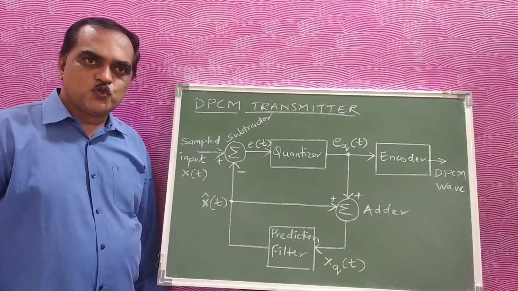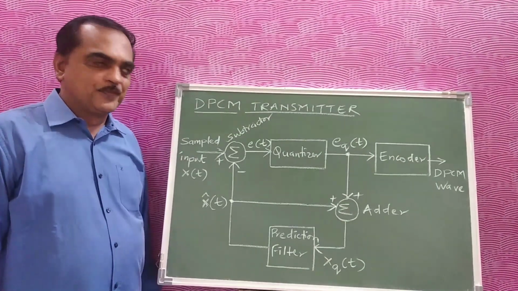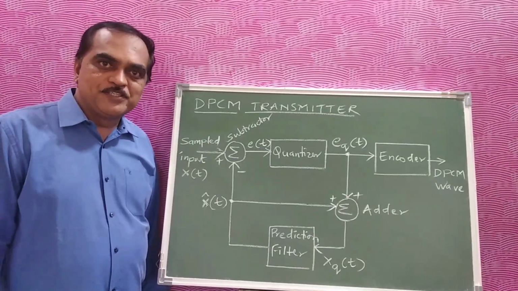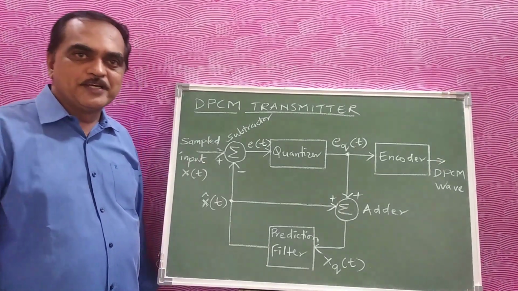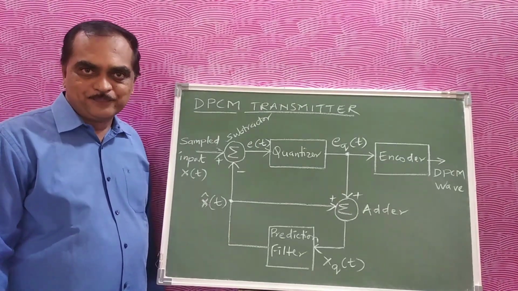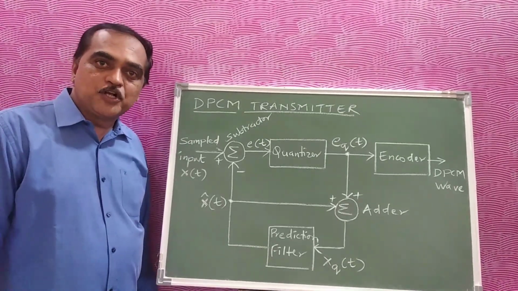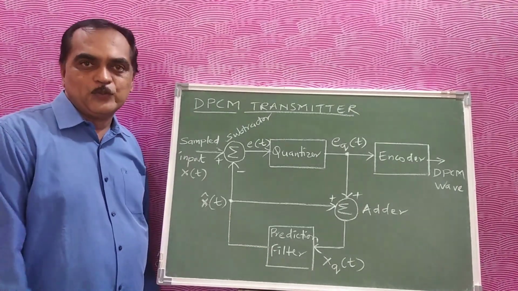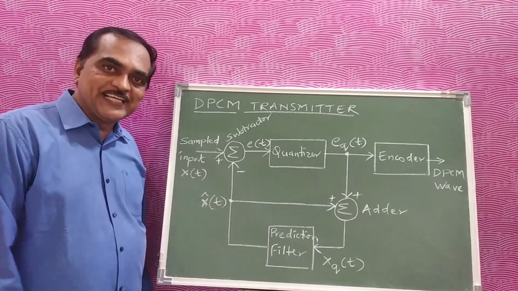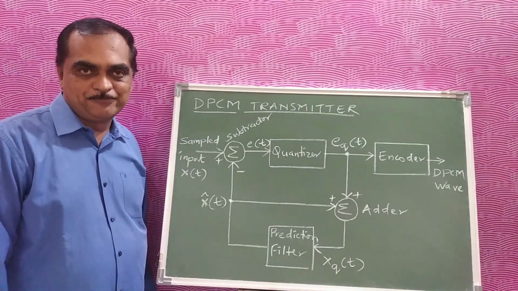Dear students, today we'll see what the DPCM transmitter is. Here I have shown the block diagram of the DPCM transmitter. The basic concept is that every sample of the sampled input of the actual signal will be compared with its predicted value, and the error between those two will be quantized, encoded and sent as the DPCM wave.